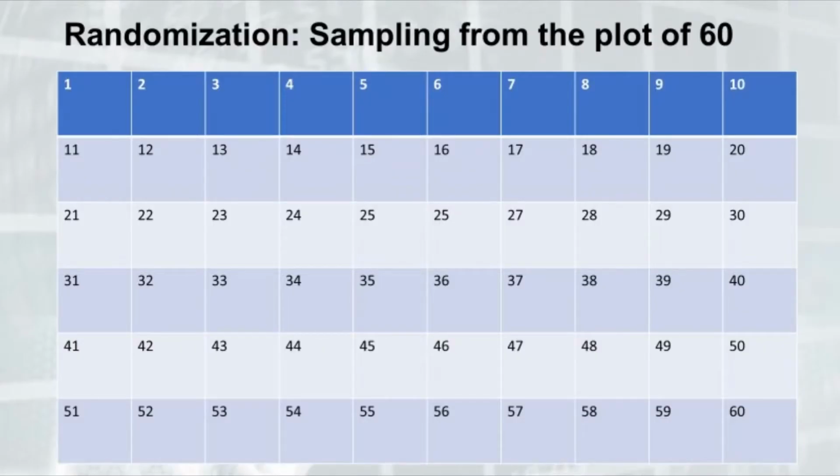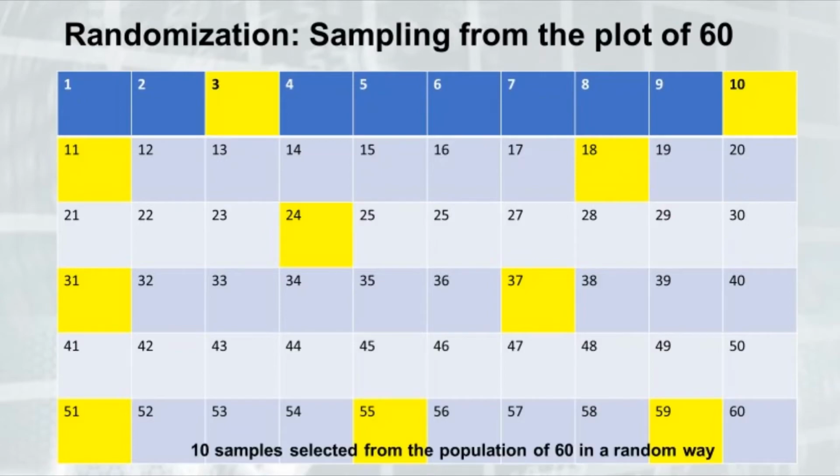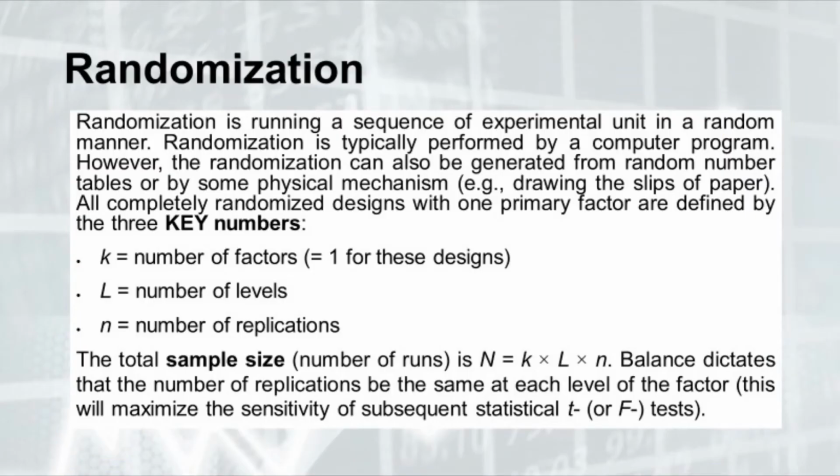Randomization is whenever we are selecting the sample, it should be selected in an unbiased manner, in a random manner. I've explained about different sampling techniques in some other video.